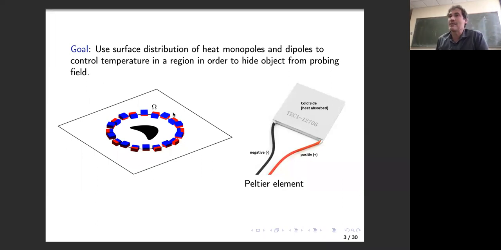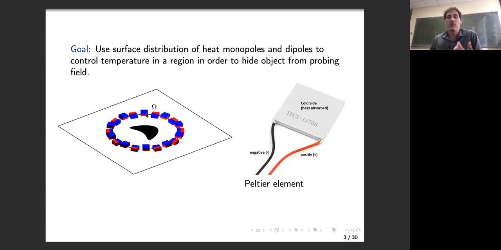This will correspond to the monopoles if you were living on just the boundary of omega. I need this because there's no free lunch here. I'm not violating any laws of physics. If you wanted, for example, to set the temperature to 0 inside this region, and it was hotter outside, then you need to take that energy out somewhere.